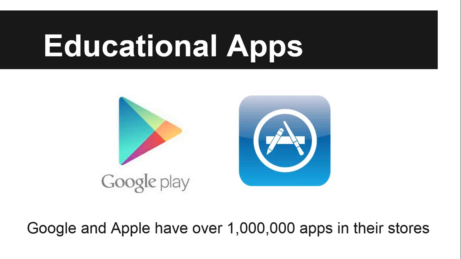And I wanted to focus on these 2 stores because 65% of all mobile users in the United States have a smartphone, but 93% of them are either Android or Apple. So there are BlackBerry and Windows phones out there, and we know that you're out there.